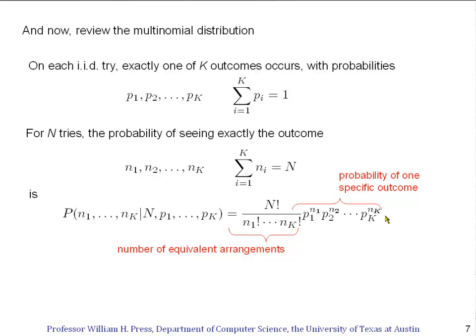So this probability is, I'm sure I'm reviewing material that you've studied before, one place or another, the probability of any one particular outcome.